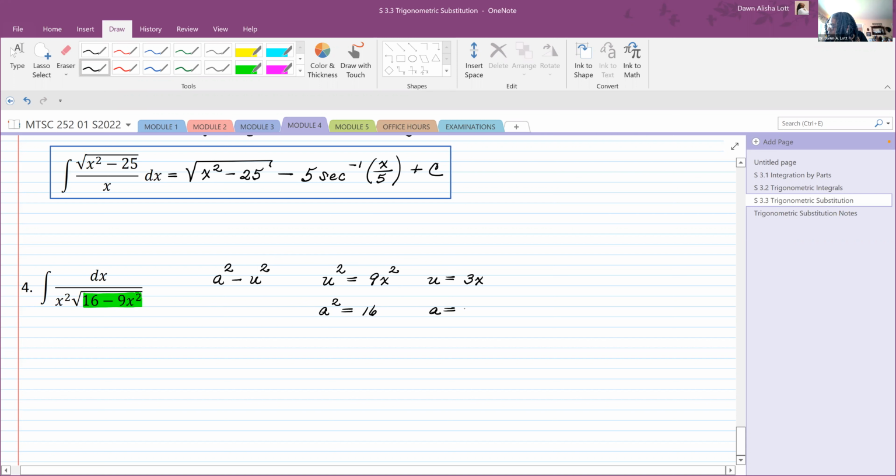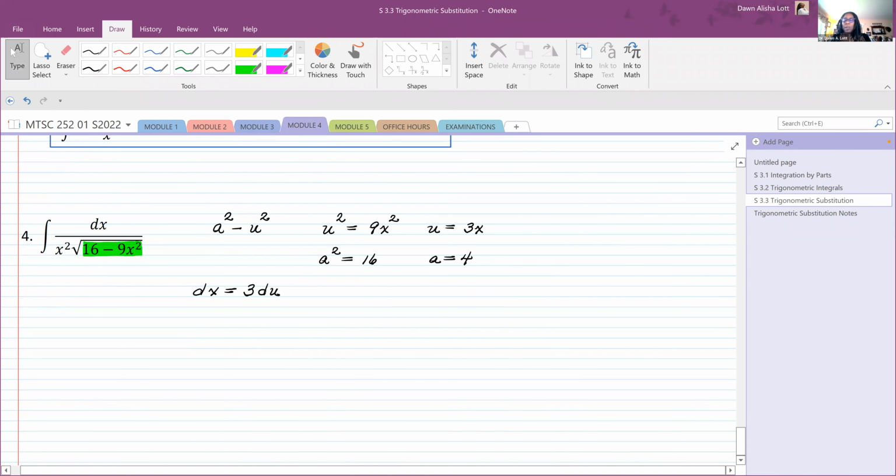So a is going to be 4. Okay. I need dx. dx is going to be 3 du. Okay. So far, so good. And then x is u over 3. So x squared is going to be u squared over 9.